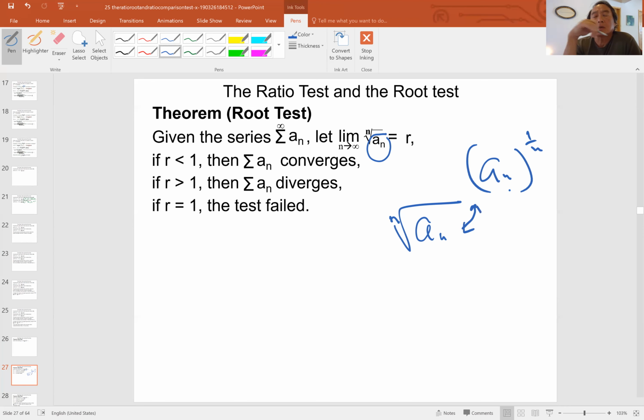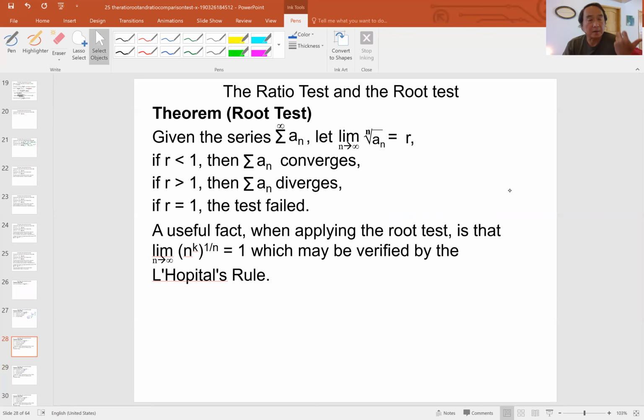And when do we use these? Well, we use these when the formula, after taking the nth root, has its main part extracted nicely. The algebra comes out nicely if I do the nth root.